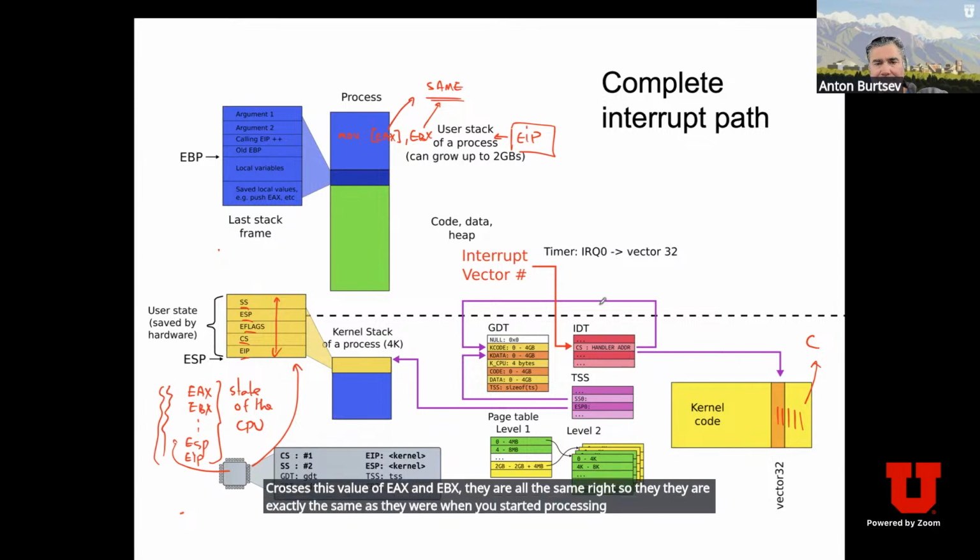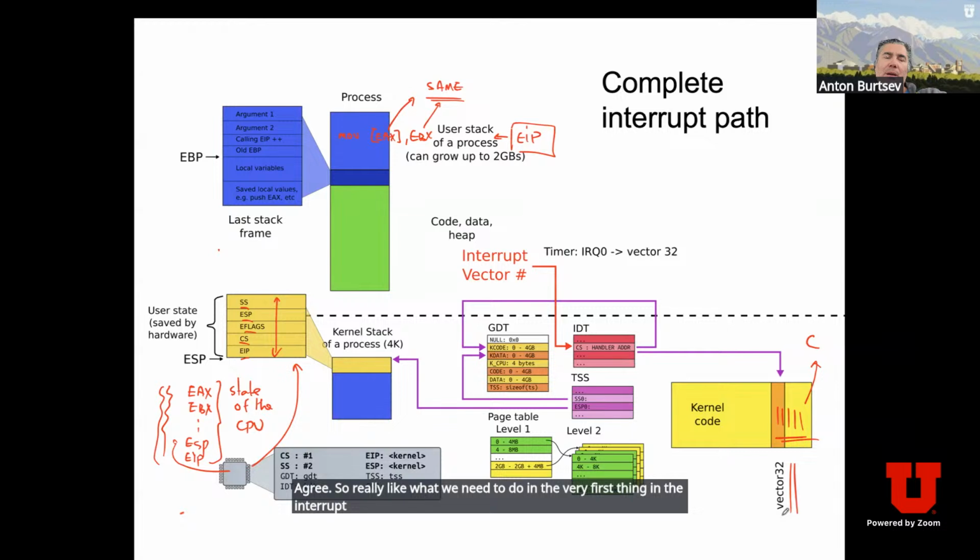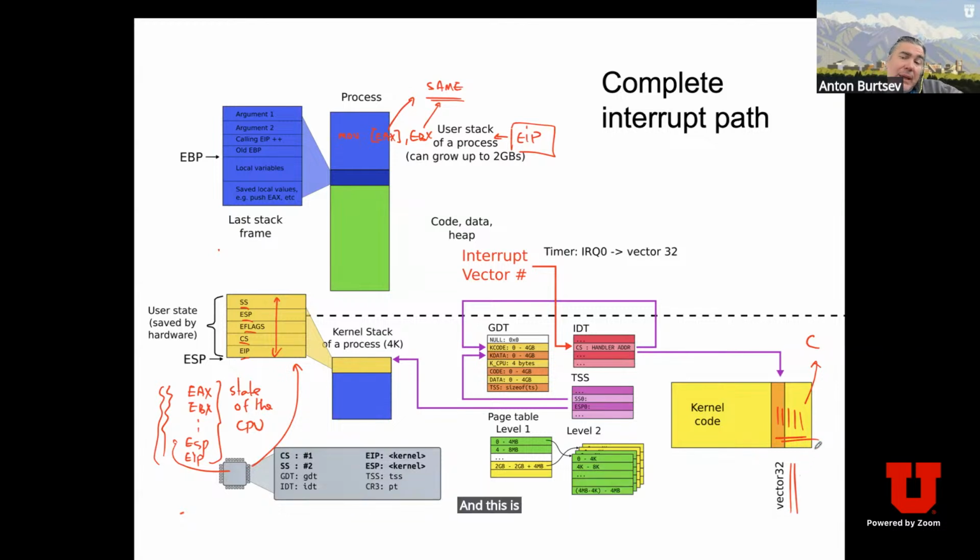Does it make sense? So really, the very first thing we need to do in the interrupt handler is to save the state of the CPU. And then you're free to do whatever.